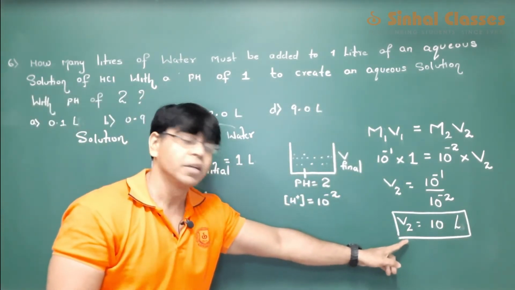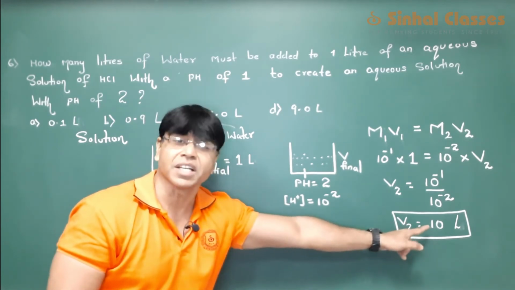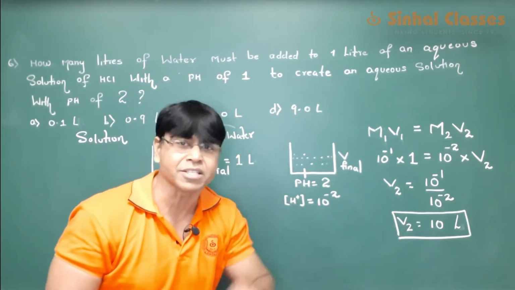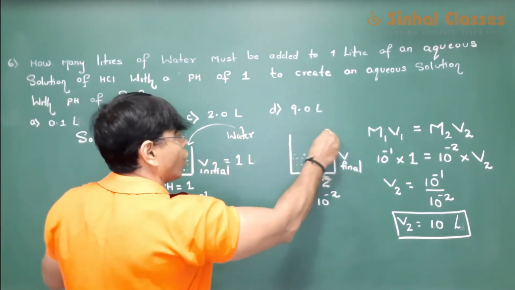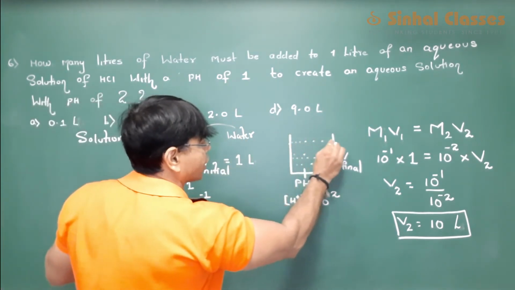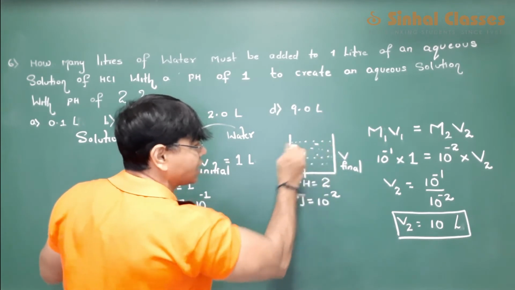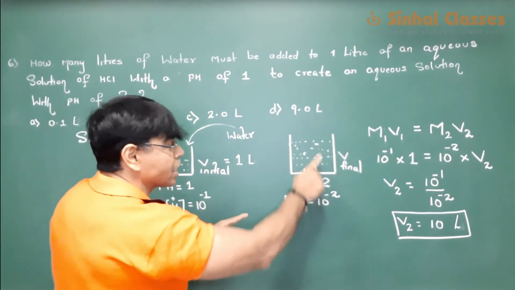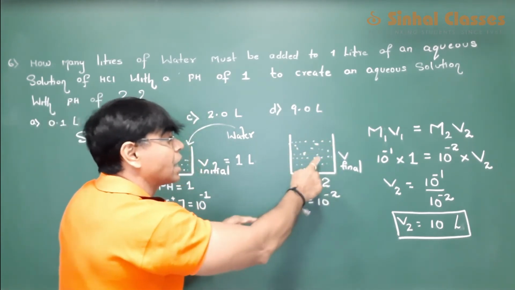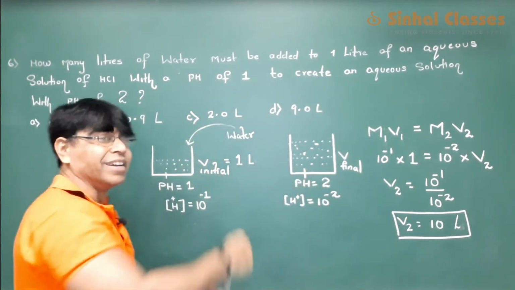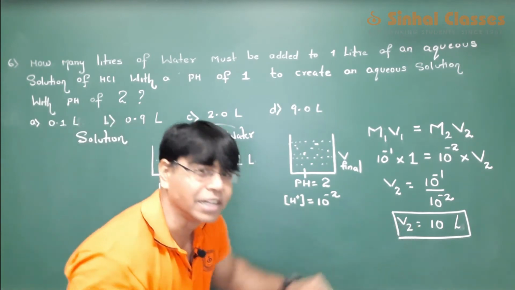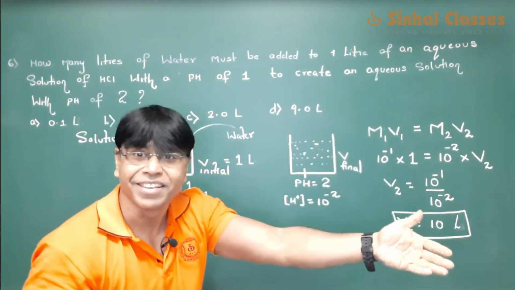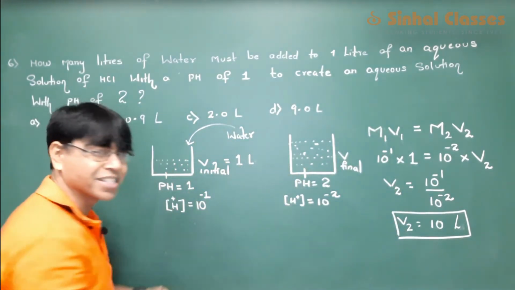Students directly try to write the answer 10 liters, but that's not the correct answer. After adding water, the volume has become 10 liters. But they are not asking you what is the final volume. They are asking you how much water you have added. Already there was 1 liter, and the final volume is 10 liters. So how much water is added? It will be the difference.